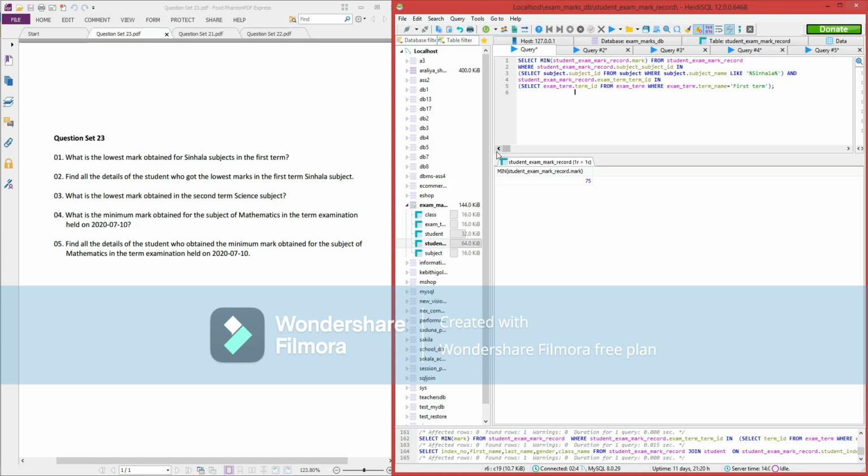To get the lowest mark I have to use the min function and I've also used subqueries in writing this query statement.